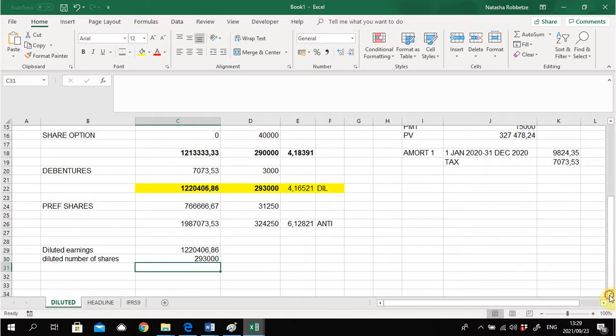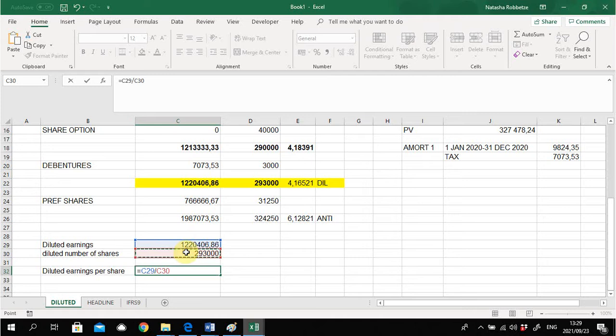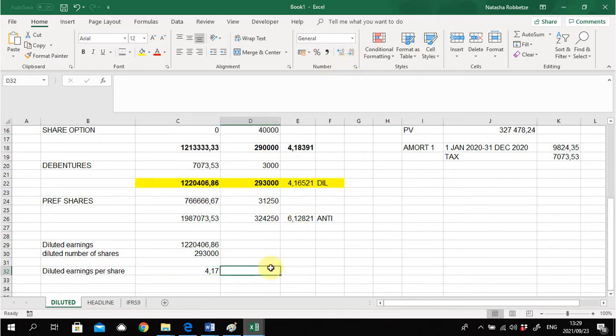So the diluted earnings per share is this diluted earnings divided by this number of diluted shares, and that gives us the same total that we calculated above, 4.16, or 4.17 rounded to 2 decimal places. And that would have been our diluted earnings per share for the year ended 31st December 2020.